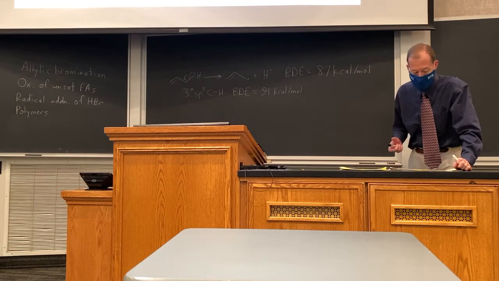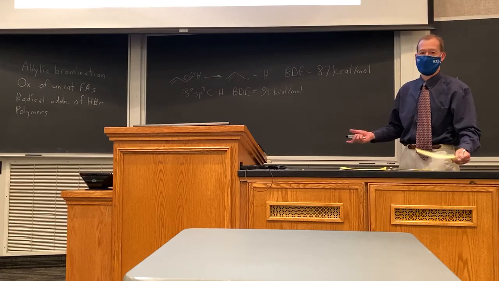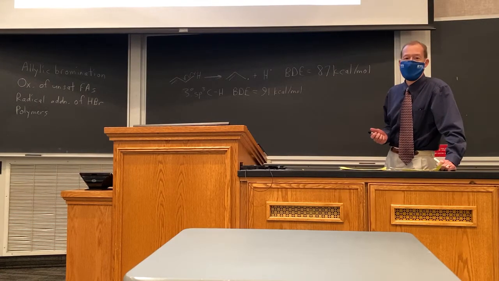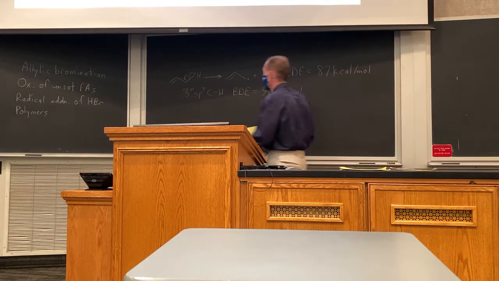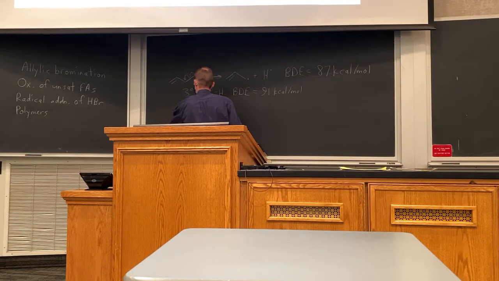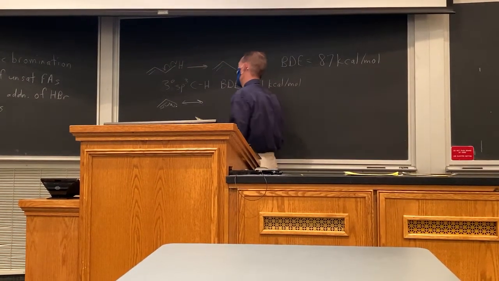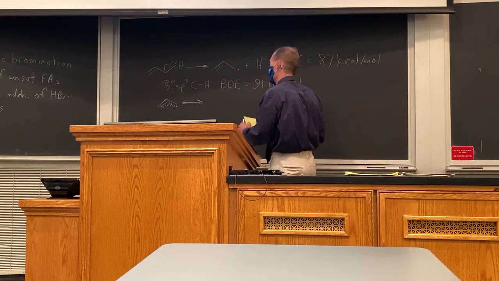So why is it more stable than a tertiary radical? The reason is that it is resonance stabilized. So that unpaired electron can be delocalized via resonance, and we would draw our half-headed arrows in this fashion.